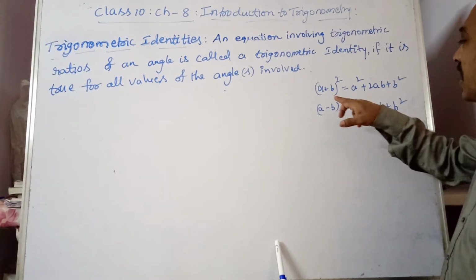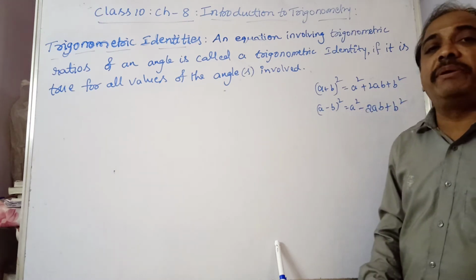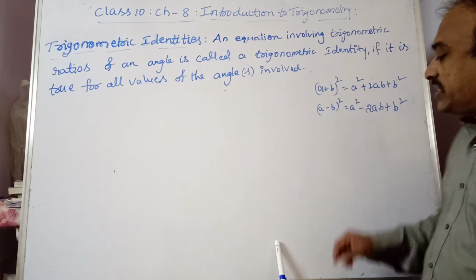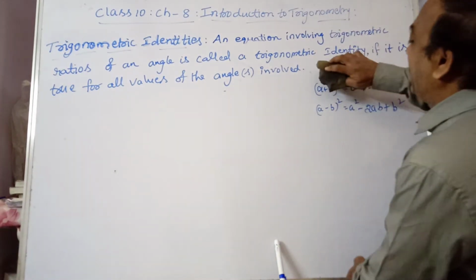Such equations are called identities. So these are the algebraic identities.